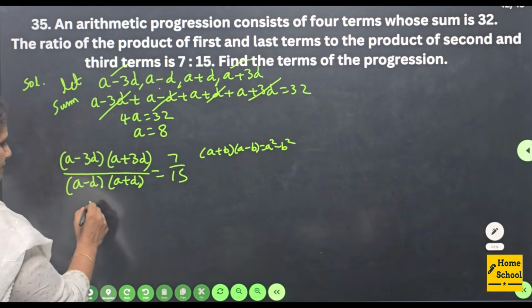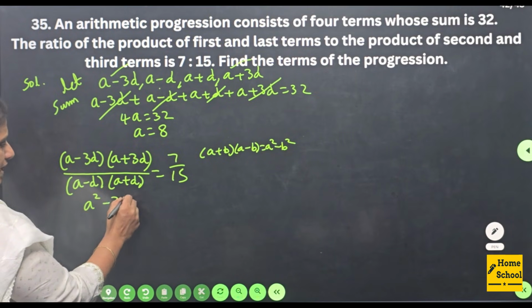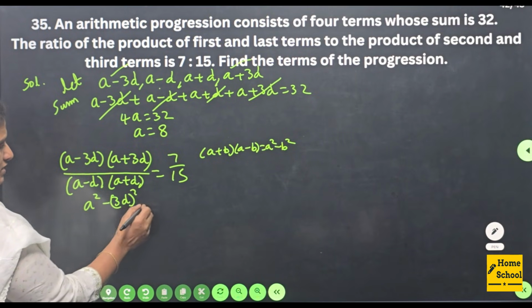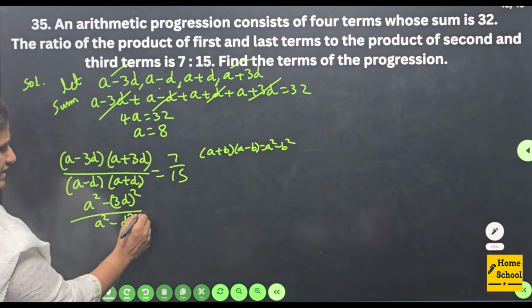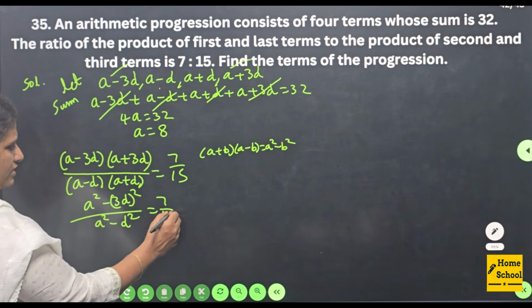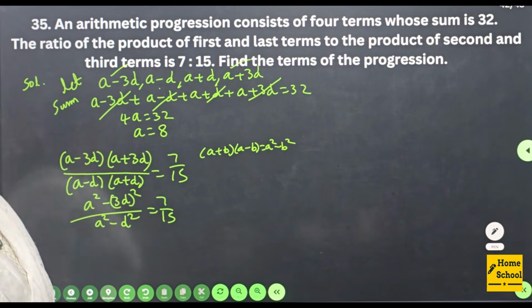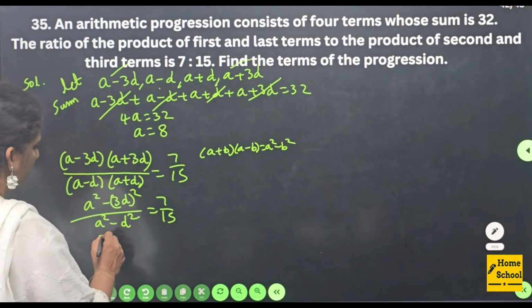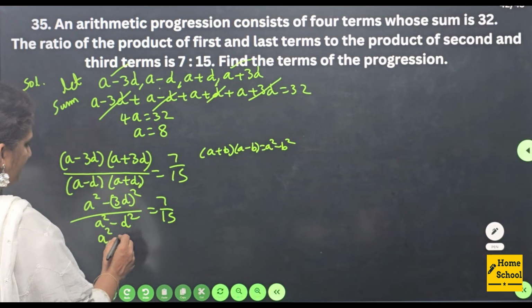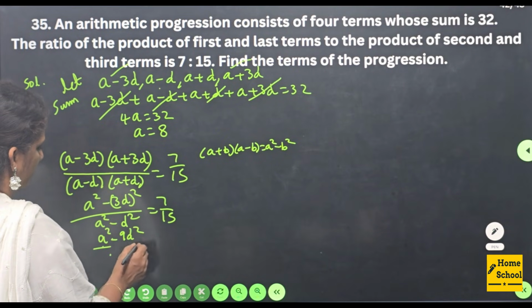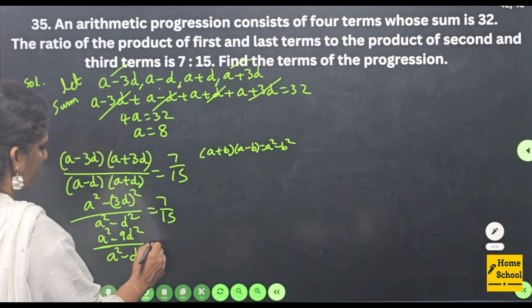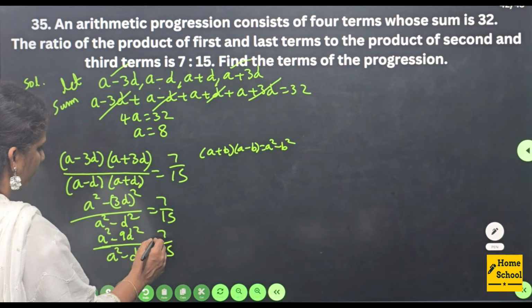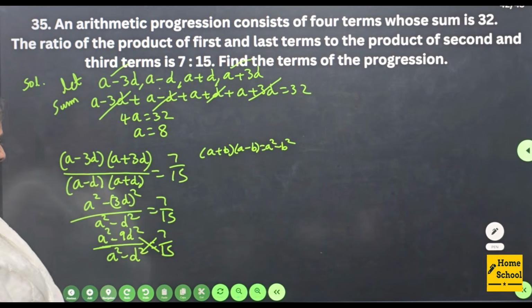Apply here. a square minus 3d whole square by a square minus d square is equal to 7/15. Now this one: a square minus 3 3s are 9d square by a square minus d square is equal to 7/15. Cross multiply.